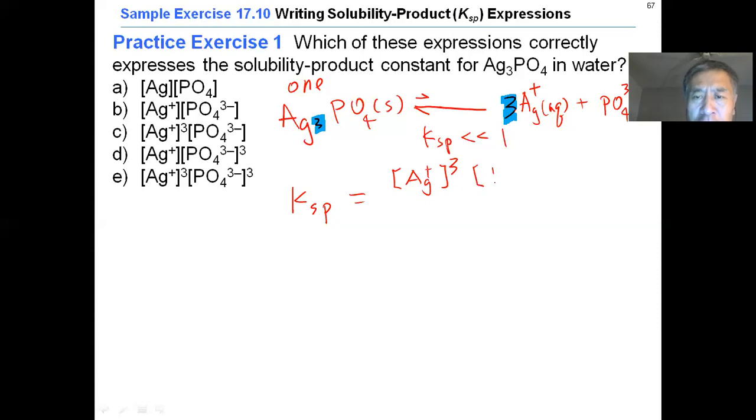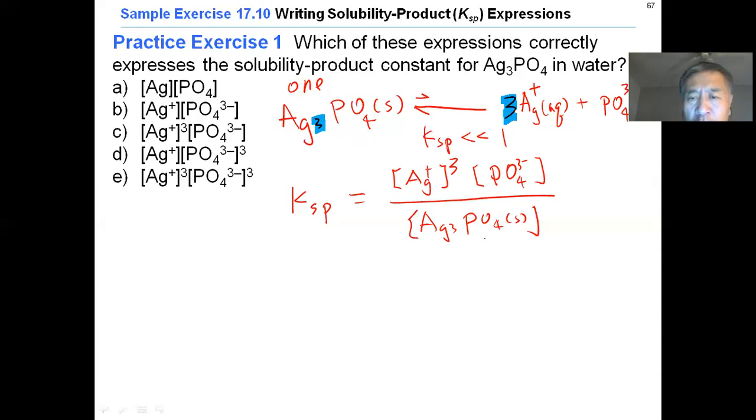Then another molarity for the other product. Then let me show you why we don't have the solid in the expression. Initially you write that as Ag3PO4(s), then you see that is 1, so therefore that disappeared.